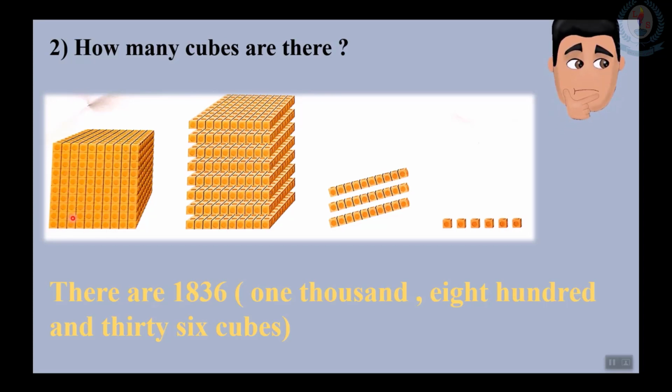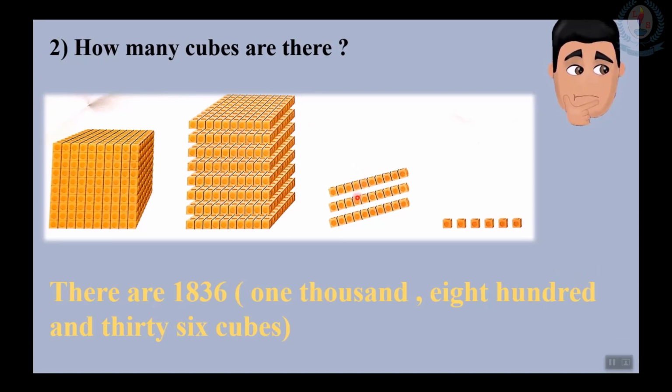That means altogether 1000 cubes are there. Then we go to this part. Here 100, 200, 300, 400, 500, 600, 700, 800. In first part we have 1000 cubes. Then in here we have 800 cubes.